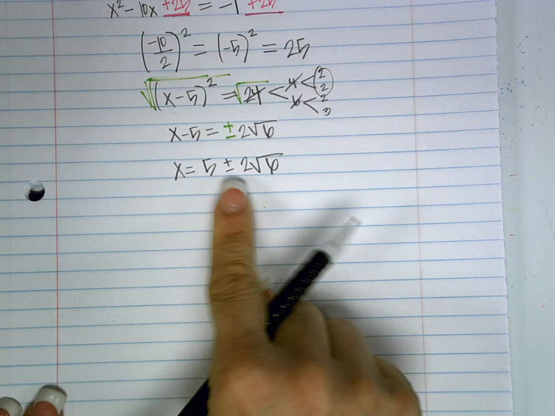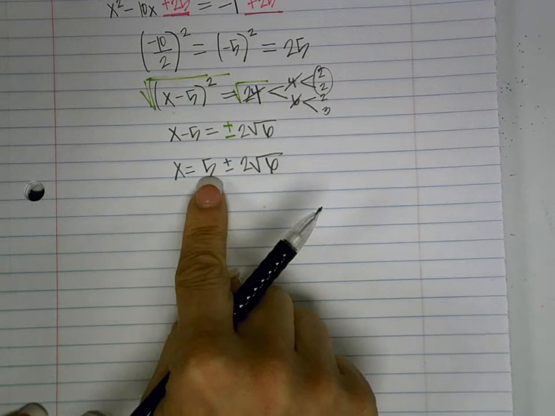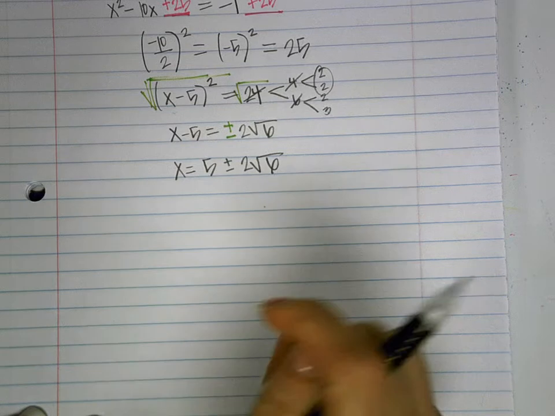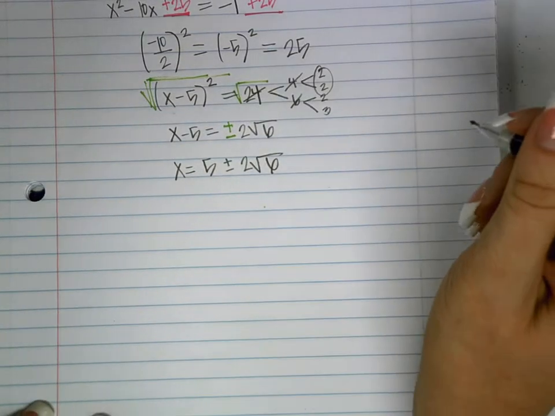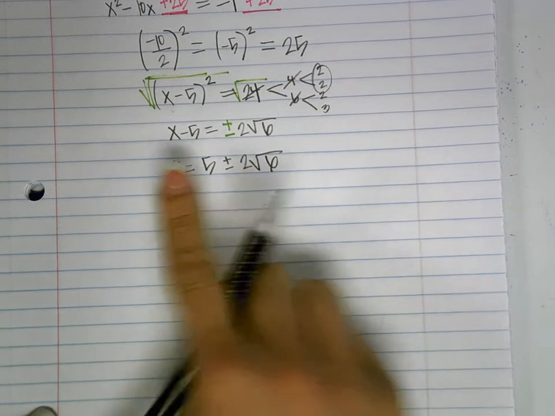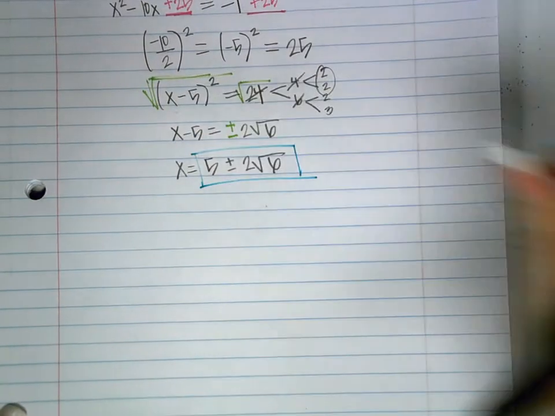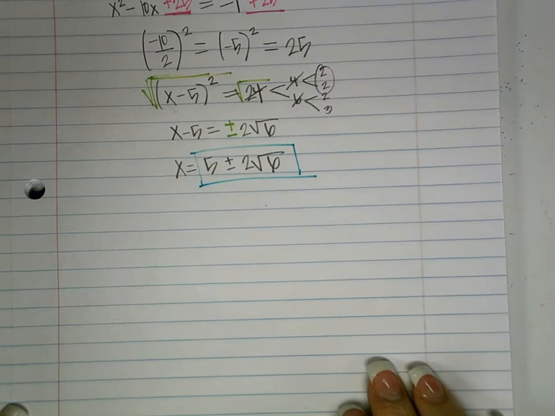So the whole number, then the root. And that's your answer. So x equals 5 plus 2 root 6, and x equals 5 minus 2 root 6. So you could see this written either way, either combined like that, or you could see it written separately. Anybody have a question on how I did that?